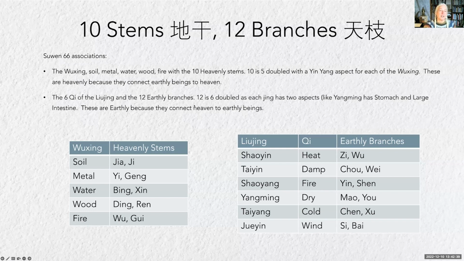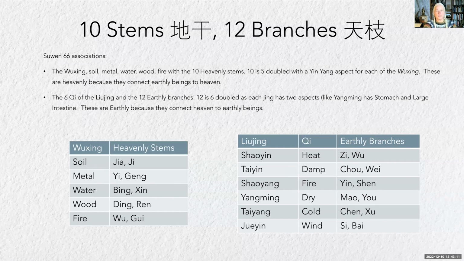So we have the 10 stems and the 12 branches, the earthly stems and the heavenly branches. And we'll be talking about those some. And we can see that, and these are the associations in Suwen 66, that there's 5 xing, soil, metal, water, wood, fire, and that 10 is 5 doubled.